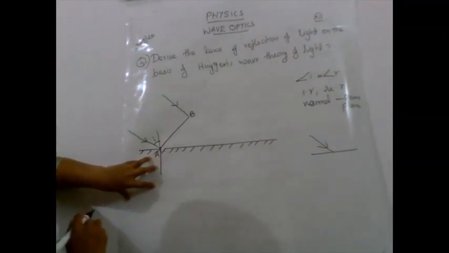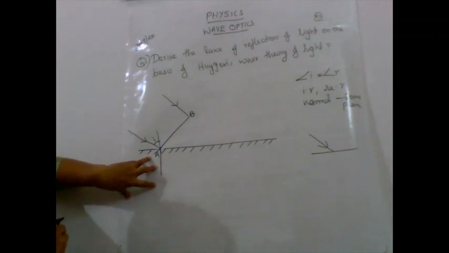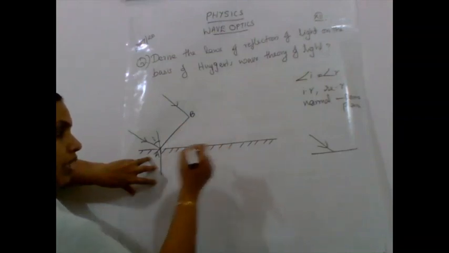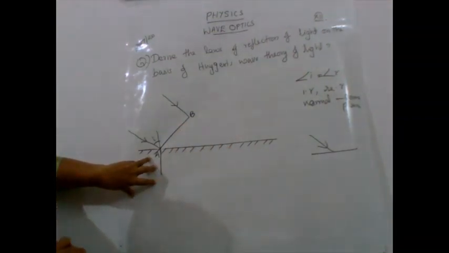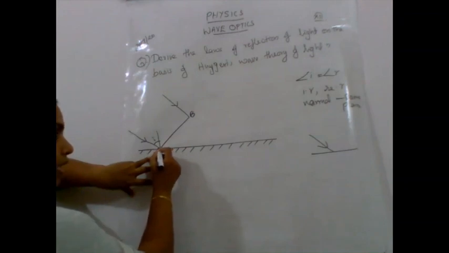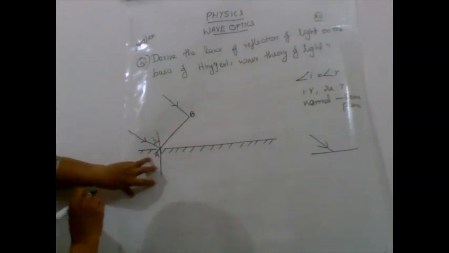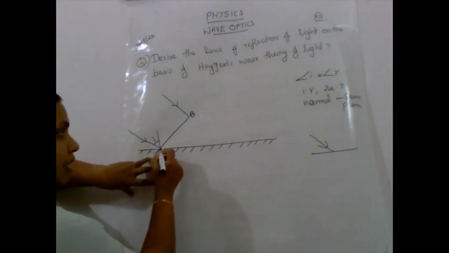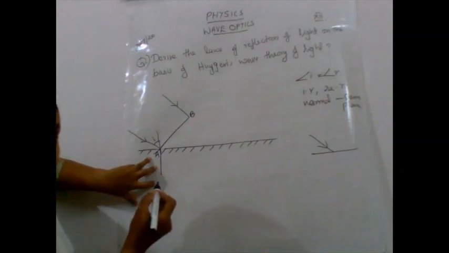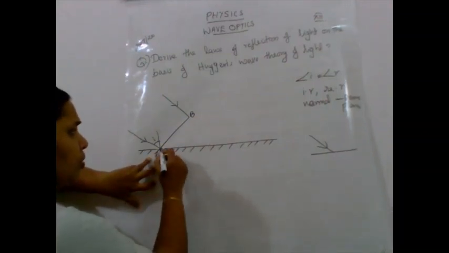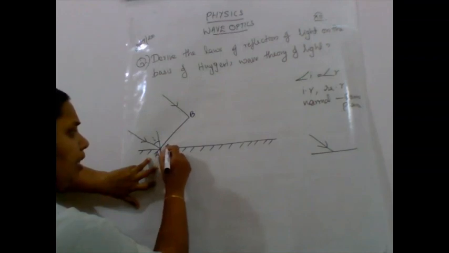By the time other points on this wavefront do not reach on the reflecting surface. So this point A reaches on the reflecting surface and it started reflection. So from here, what is that secondary wavelet? That secondary wavelet will be a reflected wavelet, isn't it? It gets reflected from here. So that reflected wavefront originated and it is propagated.